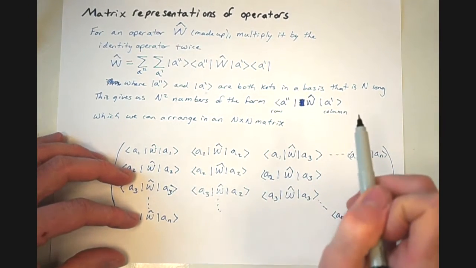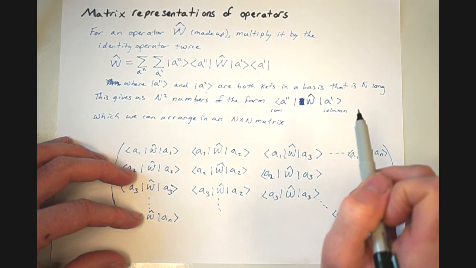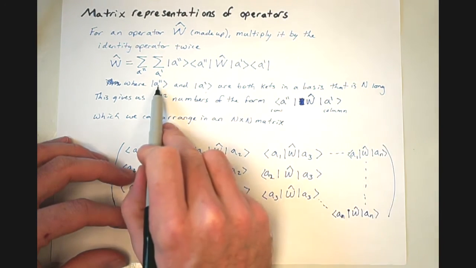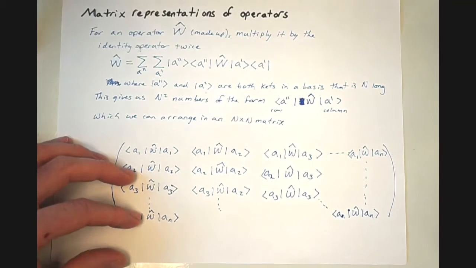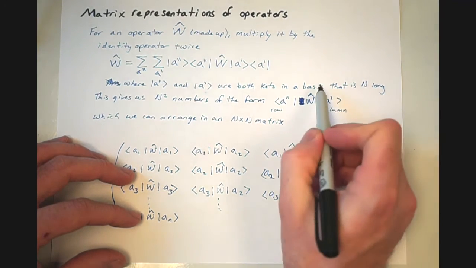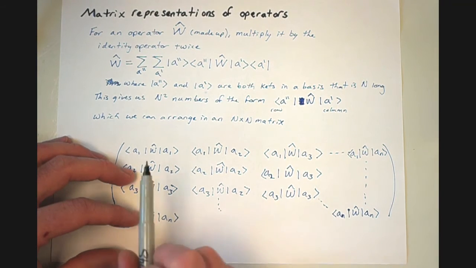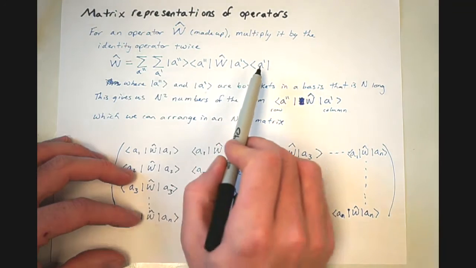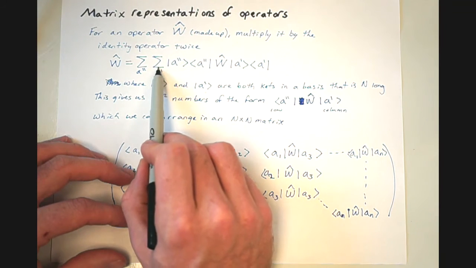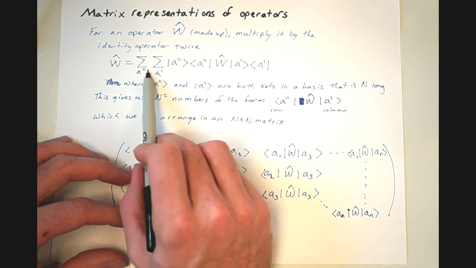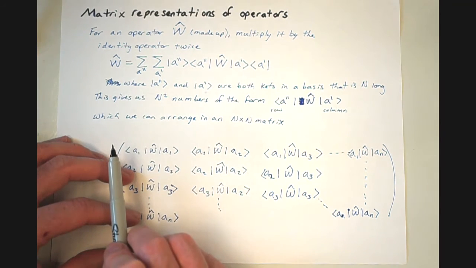But what this does allow us to do is, well, since A double prime and A prime are both kets in some basis, in other words, set of functions, that is n long, this gives us n squared numbers because we're summing over the number of elements in this vector and the number of elements in this vector.